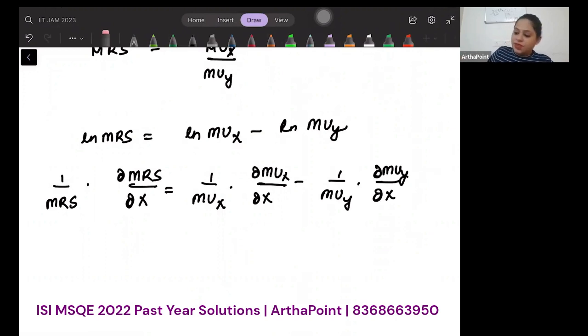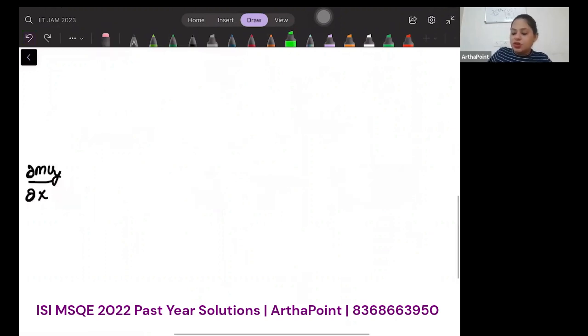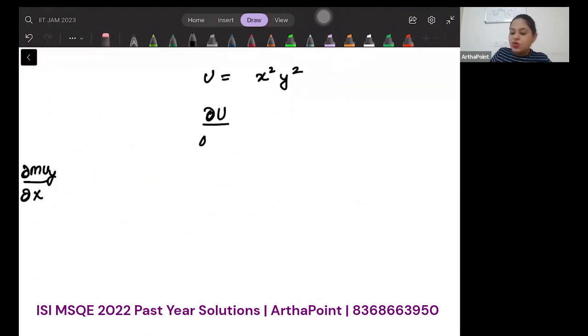One more thing. Some students tend to put this as 0. That's incorrect. Just think about this. If your utility function is, let's say, x square y square, and I differentiate it with respect to y, I will get x square 2y. This will be the marginal utility of y.